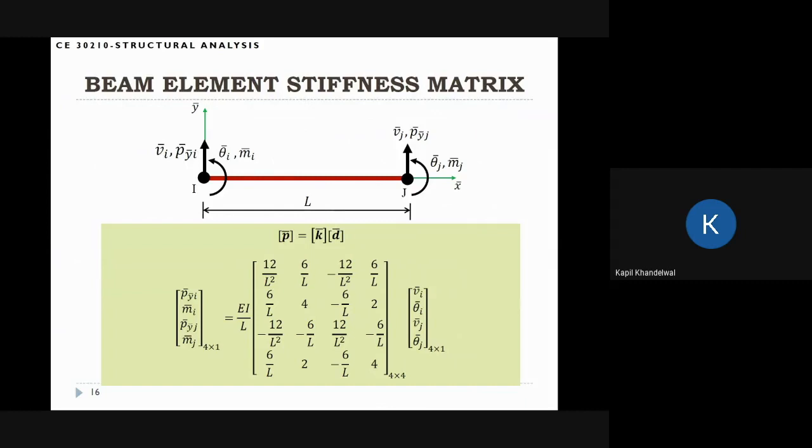It turns out that these entities look very complicated, like some random numbers. But it turns out that we can easily build the stiffness matrix if we can remember 3 numbers. I will call them 3 magic numbers, and as long as we know those 3 numbers, we can build this 4x4 stiffness matrix.